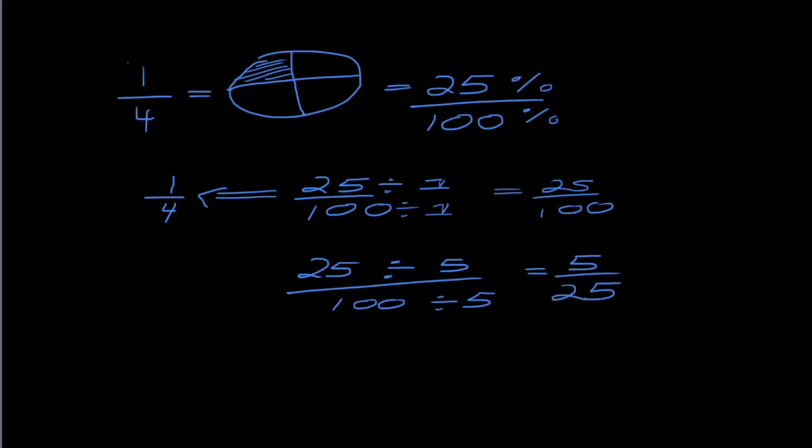Now we can see this can be divided by 5 again. So 5 divided by 5 and 25 divided by 5. Make sure you do the same thing to both the numerator, which is the top, and the denominator, which is the bottom. So 5 divided by 5 is 1, and 25 divided by 5 is 4. So there we go. We have 1 over 4, which is equivalent.